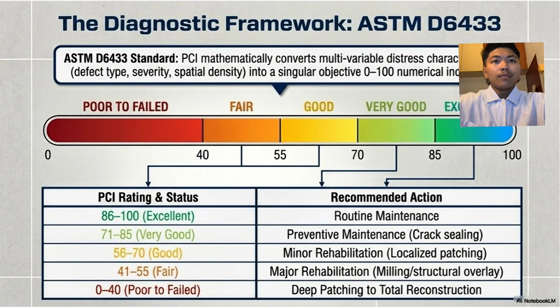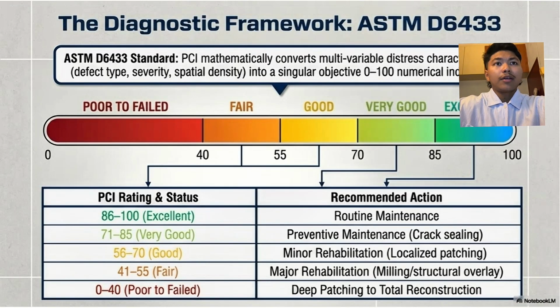We have five levels: poor to fail, fair, good, very good and excellent. 0 to 14 is poor to fail, 14 to 45 is fair, 45 to 70 is good, 70 to 85 is very good, and excellent is 85 to 100.